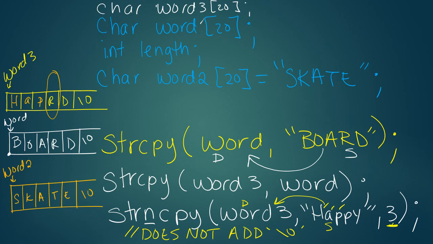Now right here is the end of what I copied in there, but it does not put the null character. So if I wanted this word to have just those 3 letters and end there, I would have to put the null character there. How would I put the null character there directly? Well, I could put the null character right here directly by saying word3 at index 3 equals null character.